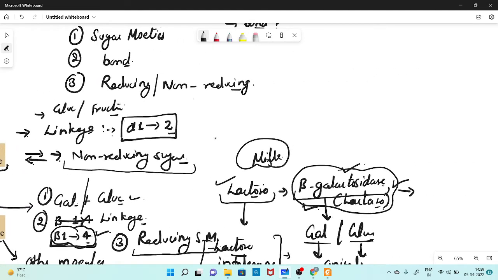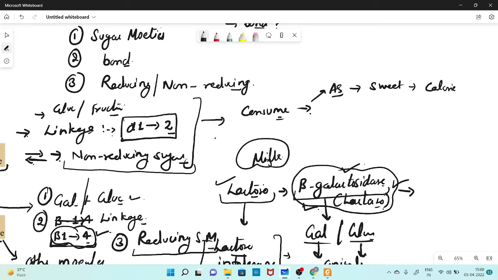Because sucrose is a table sugar, some people cannot consume it due to some health conditions, right? In that case, you can synthesize different types of artificial sweeteners. These artificial sweeteners taste sweet, but they do not have any calories.